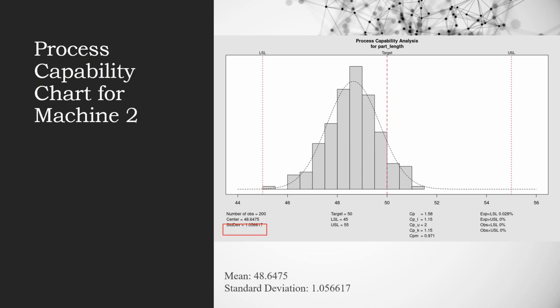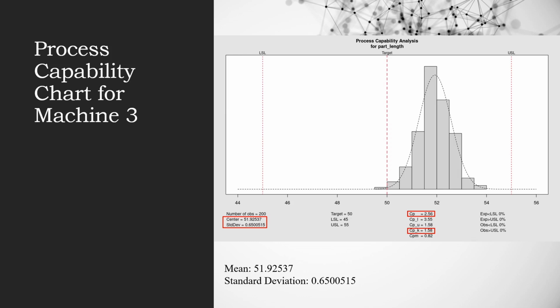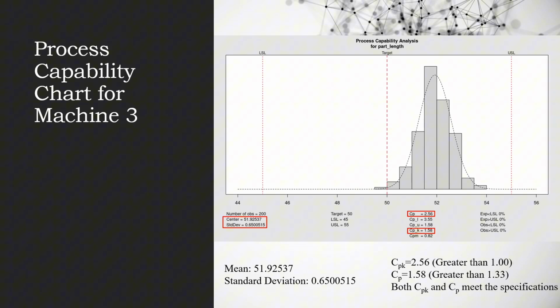For machine 2, we also obtain the same value for mean and standard deviation from the control charts. And the CPK value is 1.15 and the CP value is 1.58, both meeting the specification values. For machine 3, we also obtain the same value for mean and standard deviation. As for the CPK and CP, CPK is 2.56 and CP is 1.58. Both also meet the specification limit.